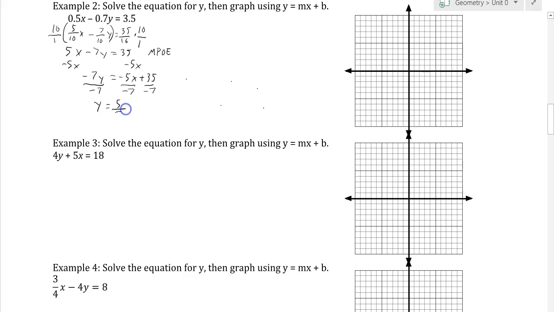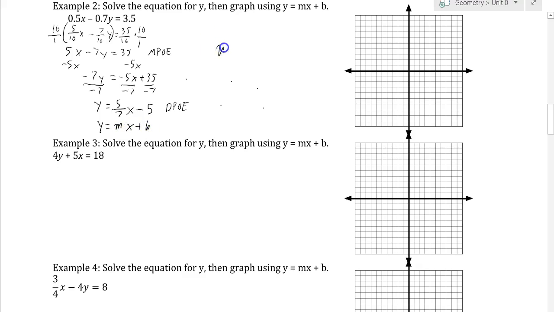Negative over a negative is a positive. A positive over a negative is a negative. And there's our simplifying for the division property of equality. We have solved. Y equals mx plus b is what our equation now looks like.